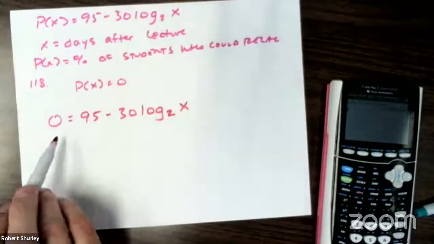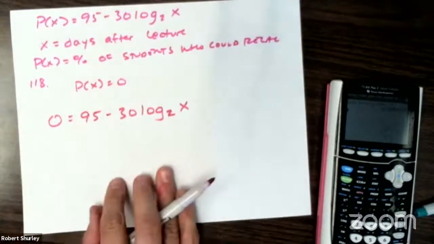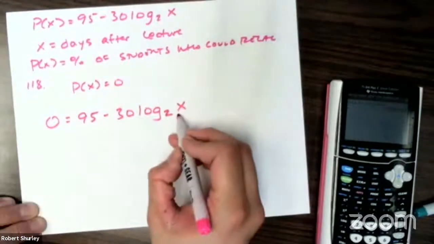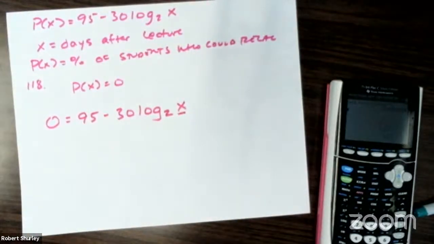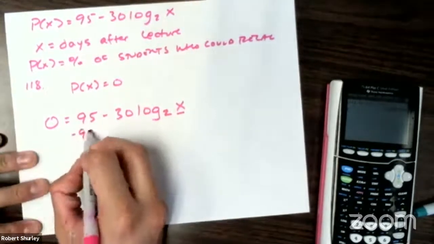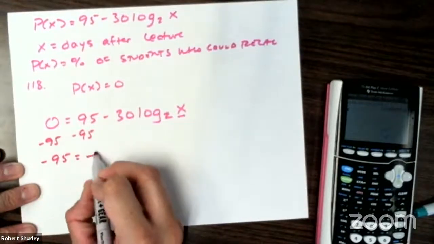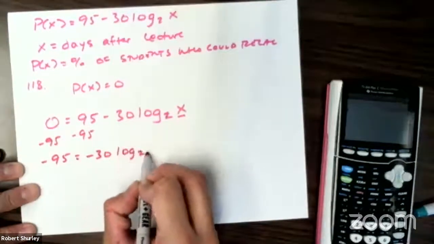Okay, now this looks more like what we have been doing. Now we've got to solve for x. Remember, with logarithms, you want to get it to where the log equals some number, and then we can put it into exponential form. First, I've got to subtract the 95. So I get negative 95 equals negative 30 log base 2 of x.